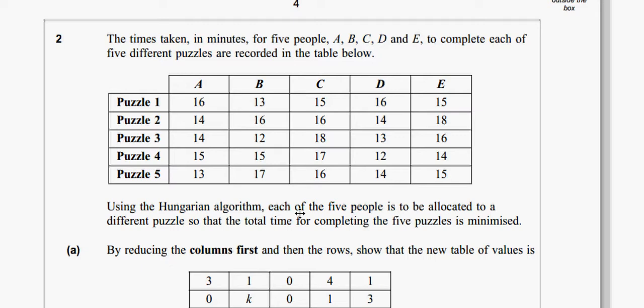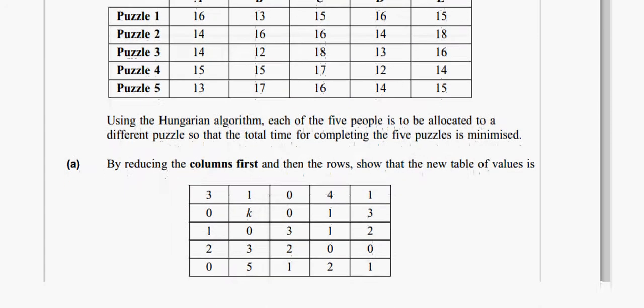The main objective for allocation is to allocate people to different puzzles so that the minimum time can be achieved. You can think of it as a competition, and you're the manager and you need to allocate 5 different people to 5 different puzzles, and hopefully the cumulative time would be as minimal as possible.